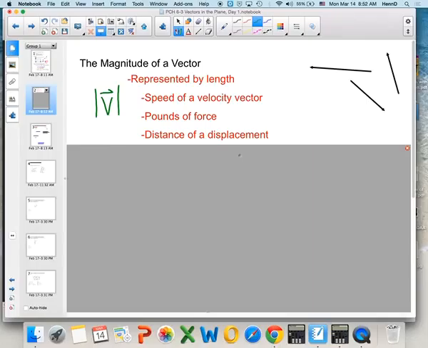When you are making a drawing, or what we call a vector diagram, if you have one vector who has a magnitude of 10 and another vector that has a magnitude of 5, you should make the one that has a magnitude of 10 about twice as long as the one that has a magnitude of 5. Okay?